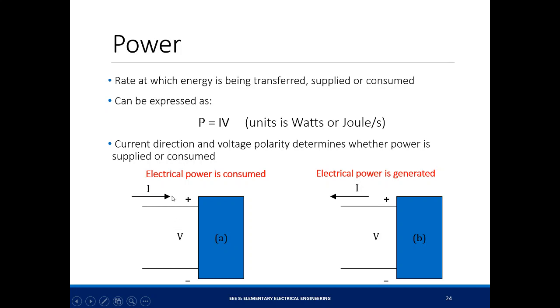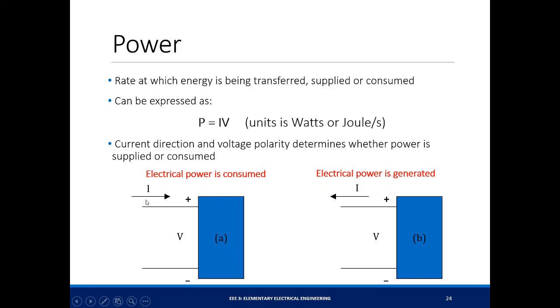So recall that the conventional current carries positive charges, and the tendency of positive charges is to move from a positive charge to a negative charge, or from a higher potential to a lower potential.